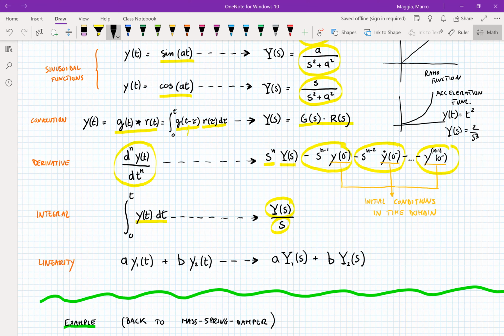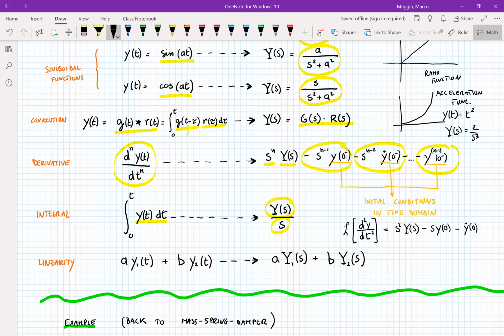So for instance, if we had the second derivative of y with respect to time, in the Laplace domain this would be equal to s squared times y of s, minus s times y at 0, so the initial condition in terms of position, if you wish, minus the initial condition in terms of the initial velocity.